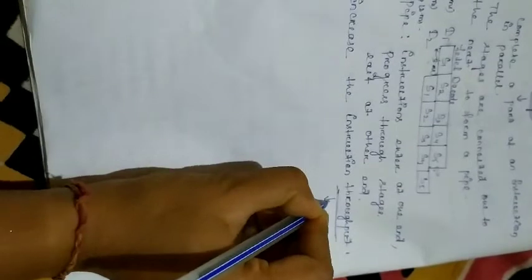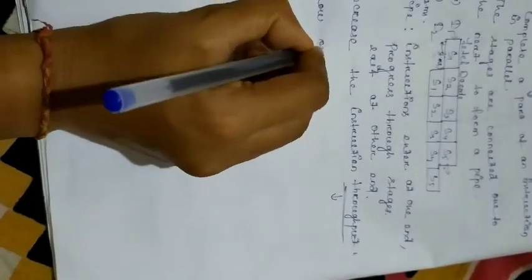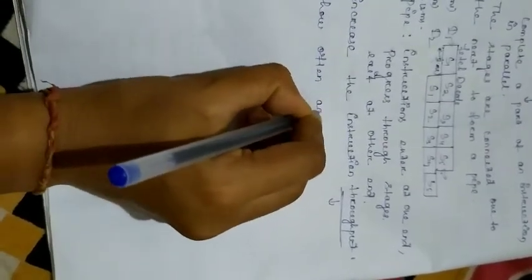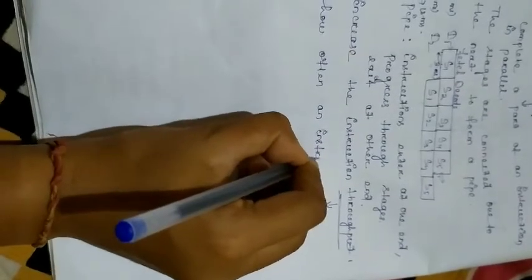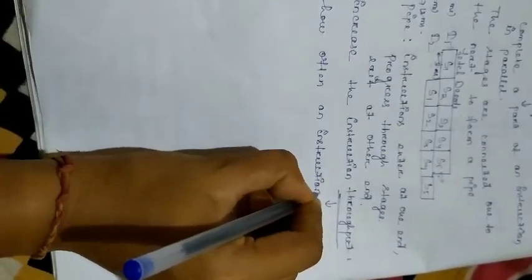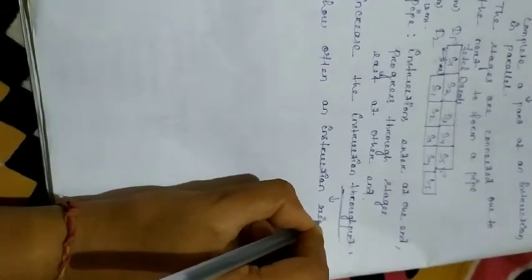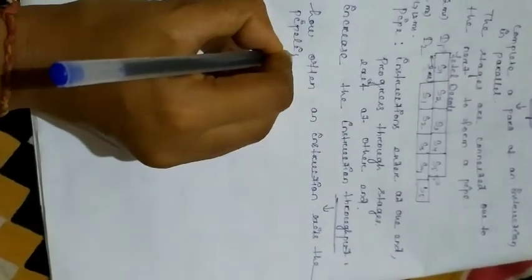Throughput is determined by how often an instruction exits the pipeline.